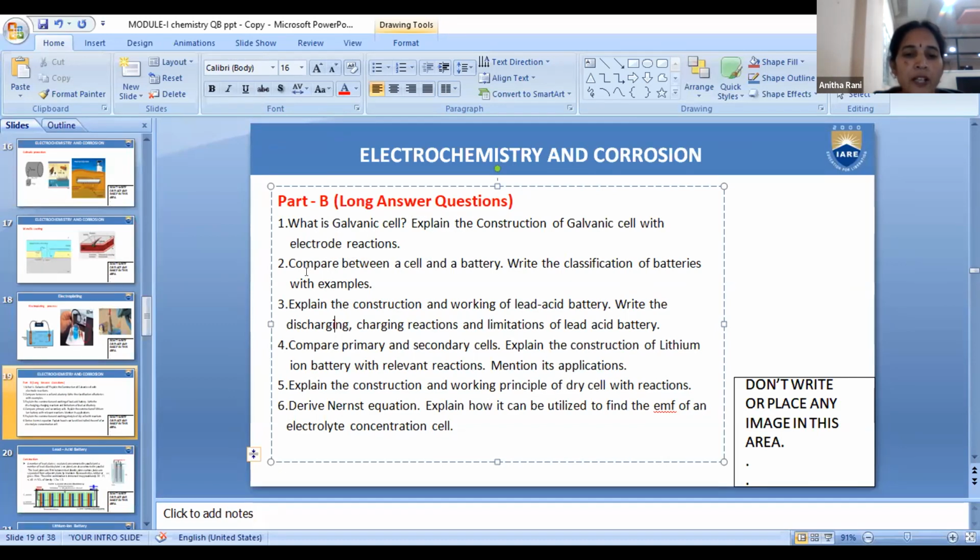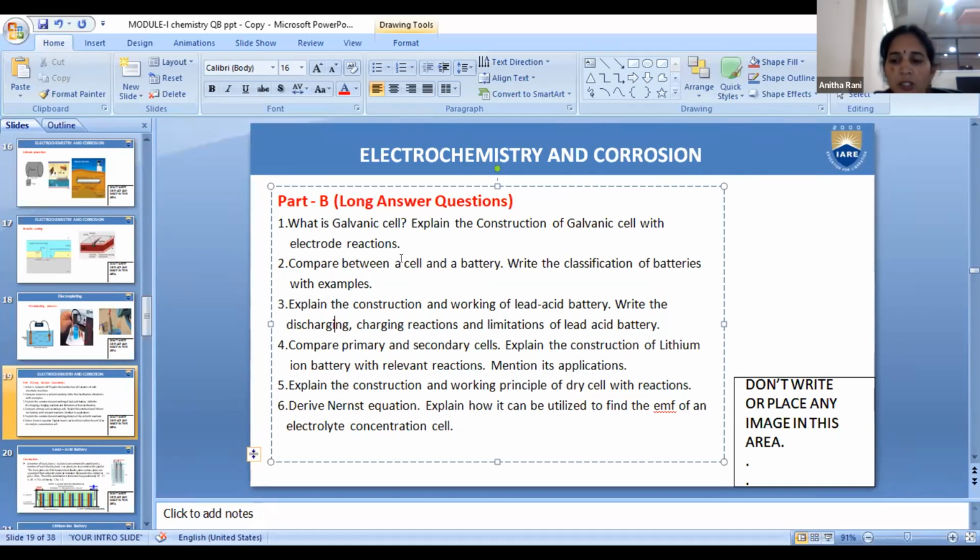Next, compare between cell and battery. Students, what is cell? What is battery? Tell me. Combination of cells is battery.